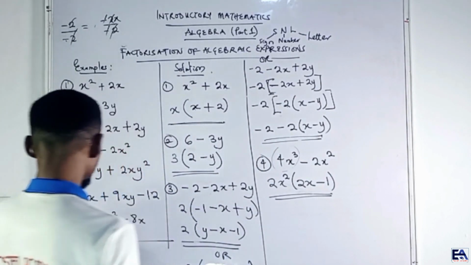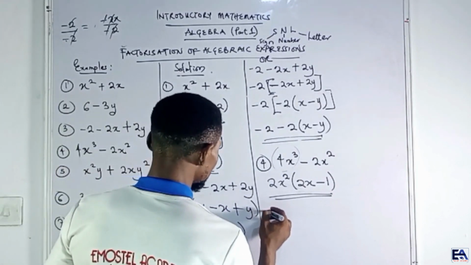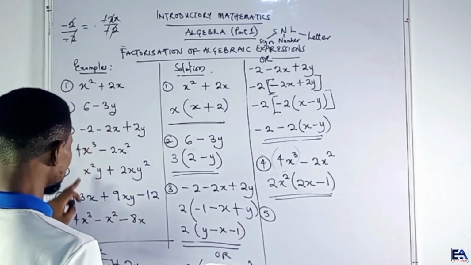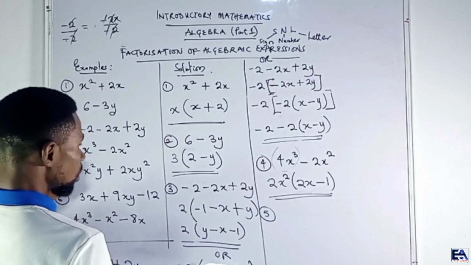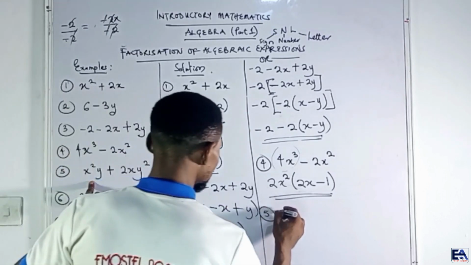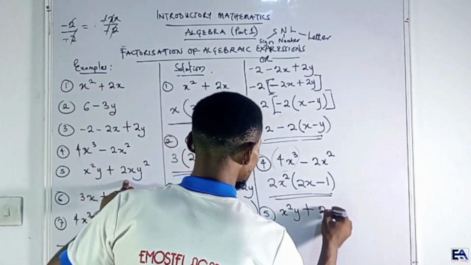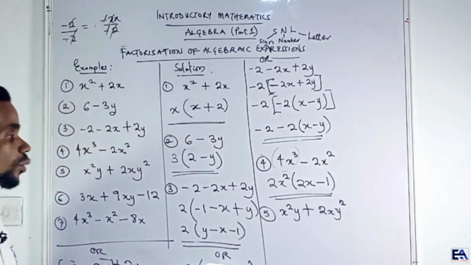Okay? All right, good. Well, let's look at question number 5. Question number 5 says, x squared y plus 2xy squared.